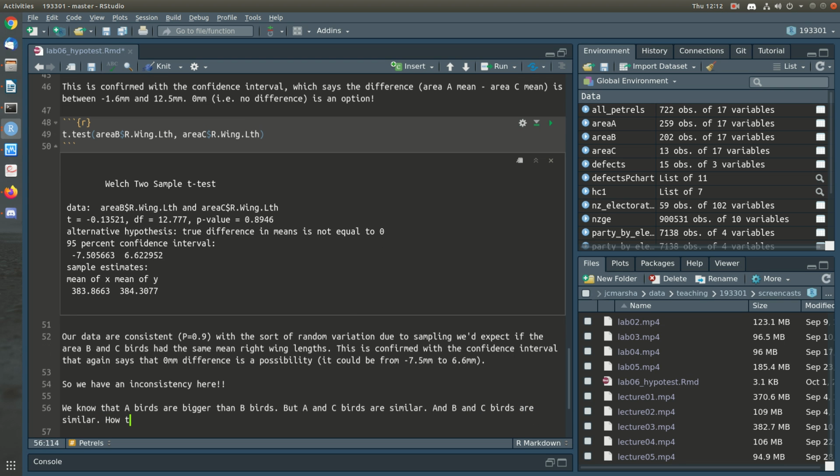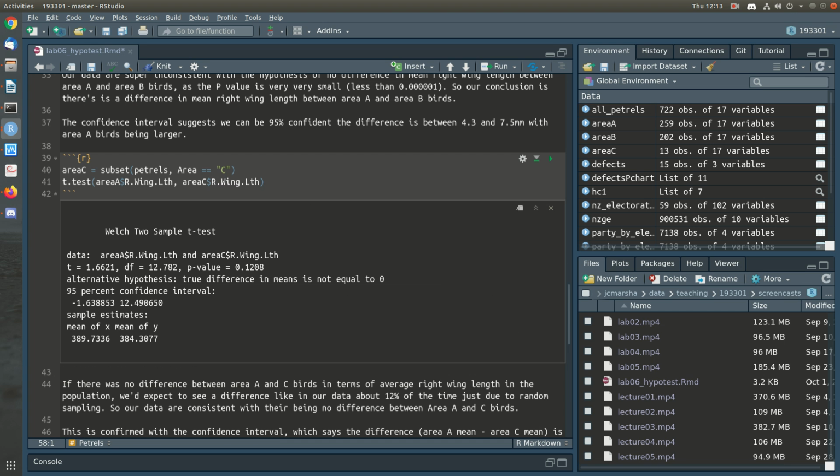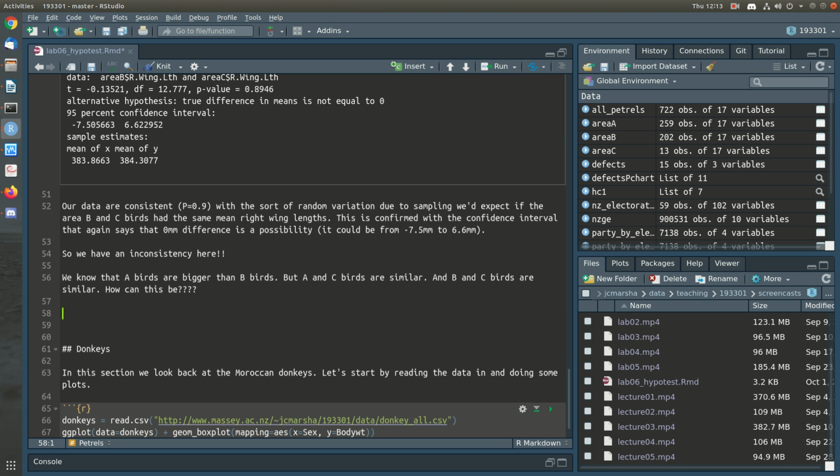How can this be? We know that A birds are bigger than B, B's the same as C, so you'd expect that A would be bigger than C. But we've actually found that A and C were similar, so we have some weird inconsistency.